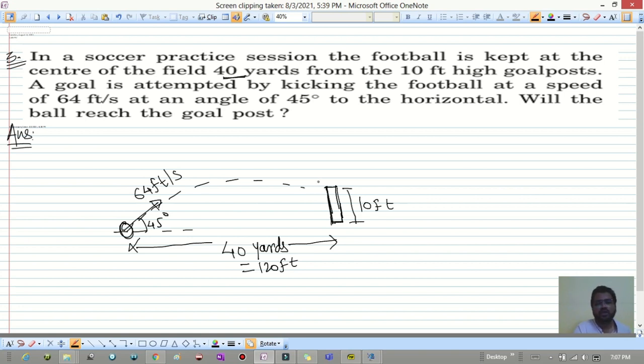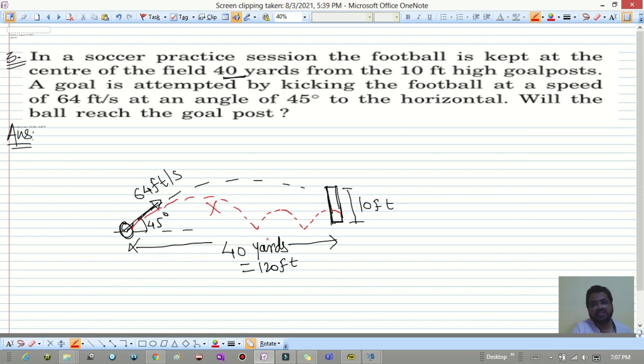Okay, now so how to calculate that, right? So see here, one of the possibilities is that this ball will go, right? I'll just mark this with a red pen. So ball will go, hit somewhere here, then it will hit and it will go into the goal. So this is one of the possibilities, but we'll not consider this possibility. Why?